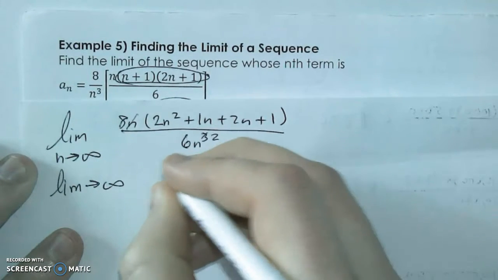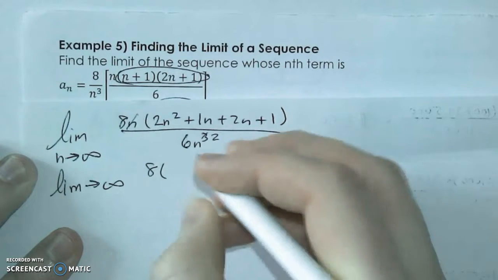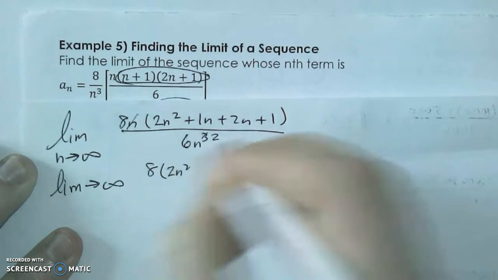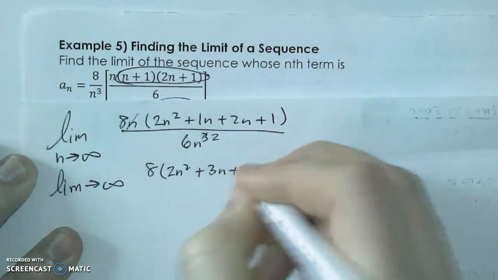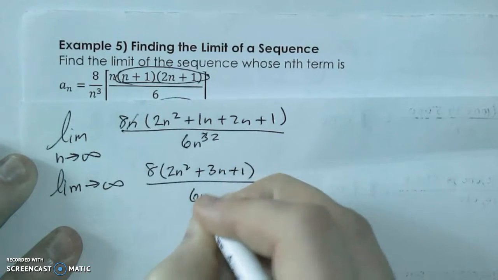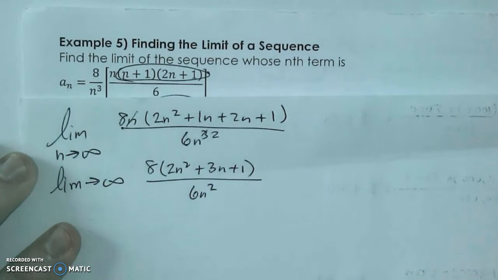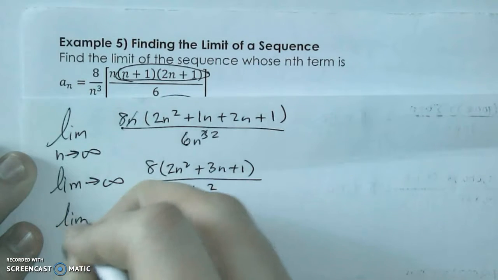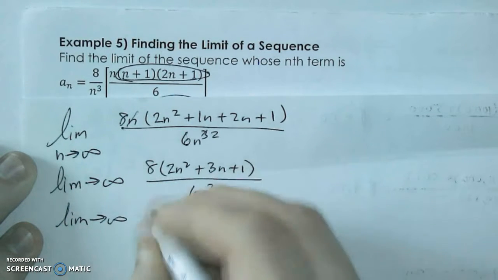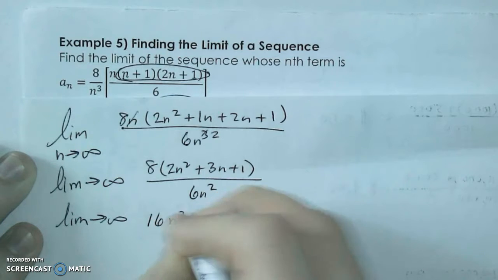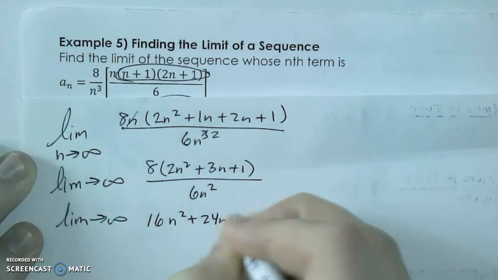So I've got then an 8, and I've got 2n squared plus 3n plus 1 over 6n squared. If I distribute my 8, that's going to give me 16n squared plus 24n plus 8.